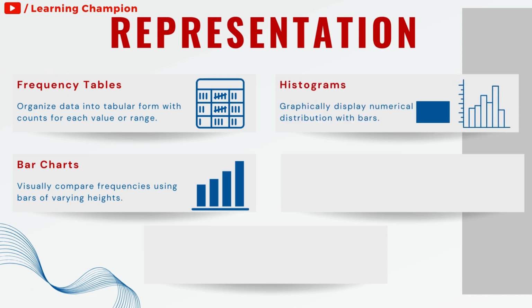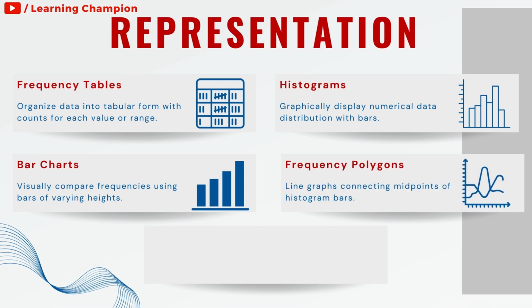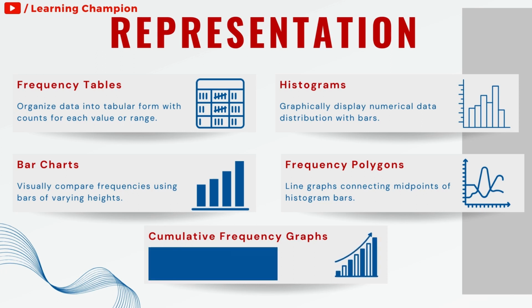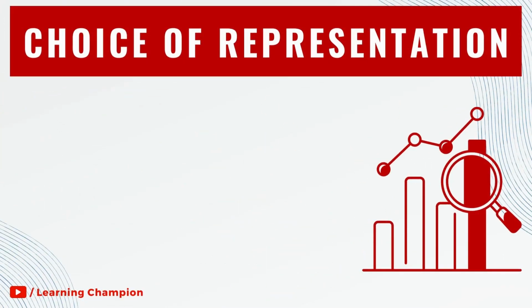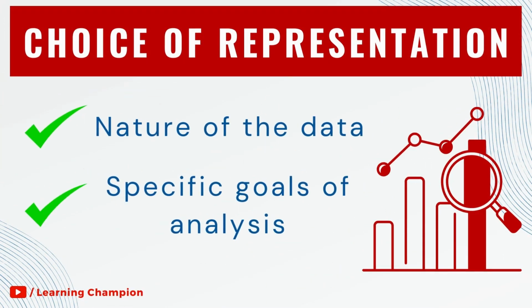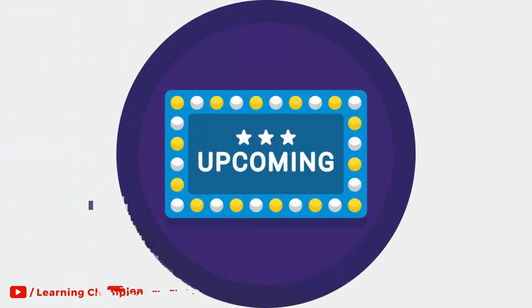Histograms graphically display numerical data distribution with bars. Frequency polygon, a line graph connecting midpoints of histogram bars, shows frequency distribution. Cumulative frequency graph plots cumulative frequencies against intervals for analyzing cumulative distributions. Choice of representation depends on the nature of the data and the specific goal of analysis. We will cover each of these topics in detail in an upcoming video.